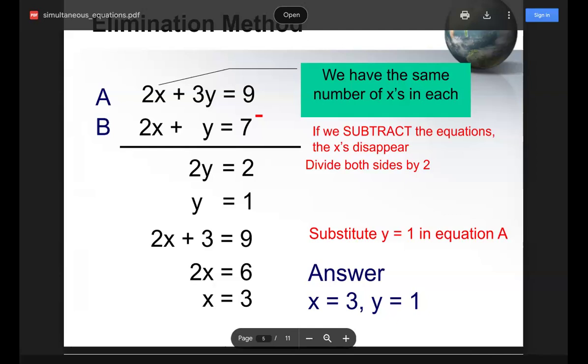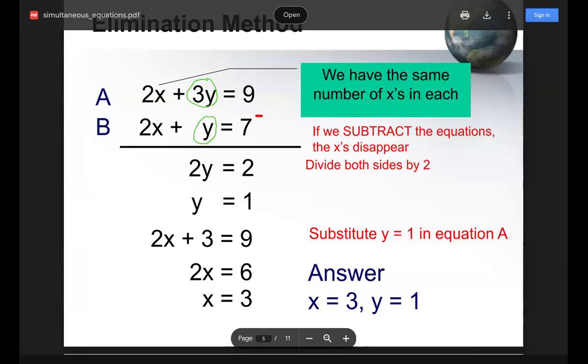Okay. So now, this one is slightly harder compared to the ones we actually did. Here, one has 3y and the other has y. Both of them do not have the same coefficients.